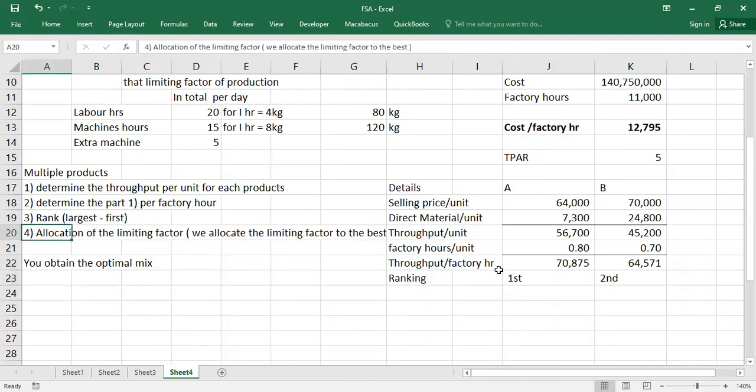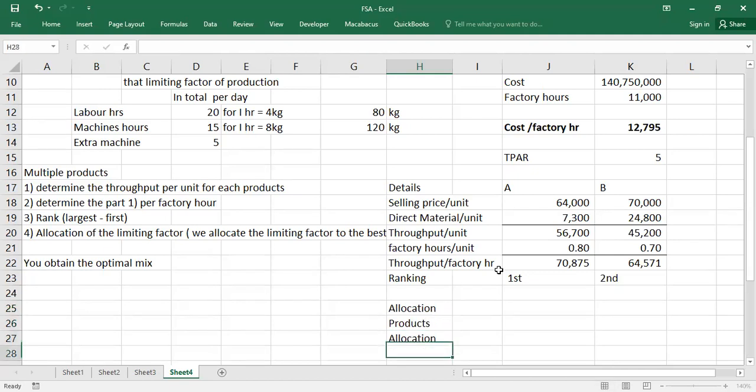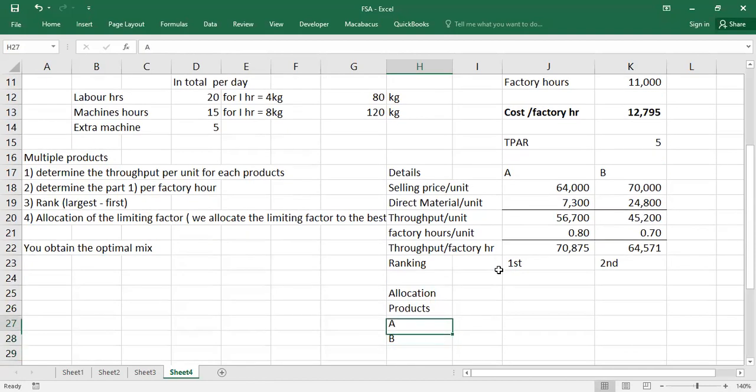Step 4, allocation. In allocation, we shall bring products first. You bring them in the order of ranking. So your A will come first. A is not coming first because it was first in the table. It's coming first because I ranked it as first. Then B. Then the other thing you look at is your output, expected output.